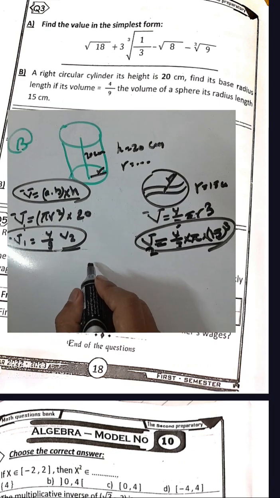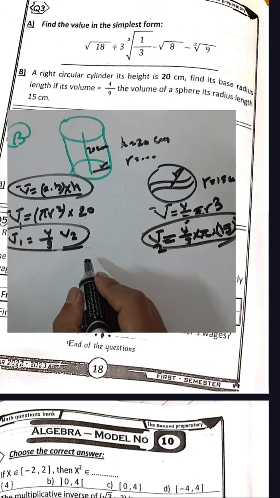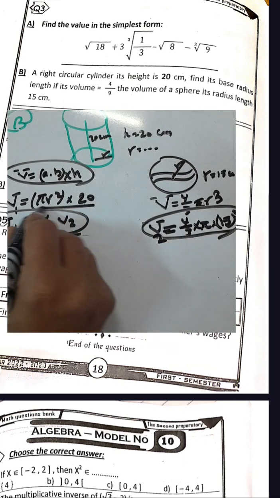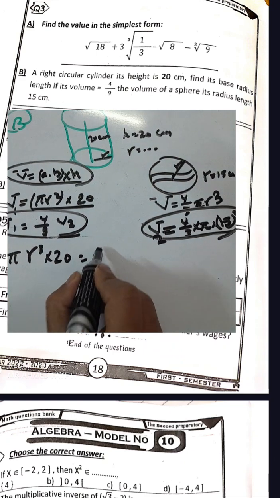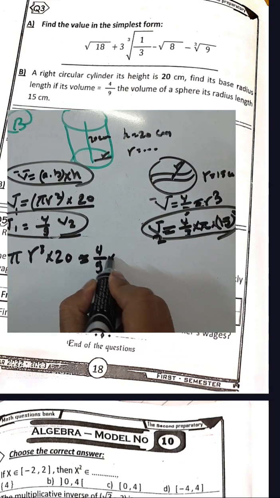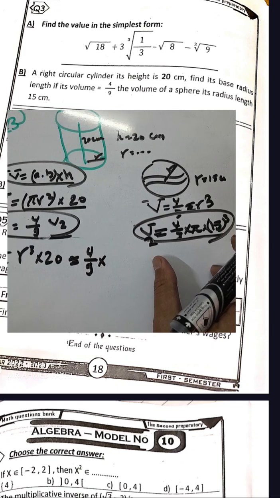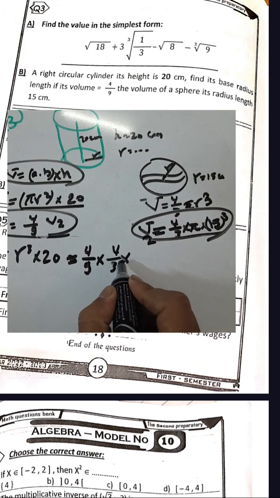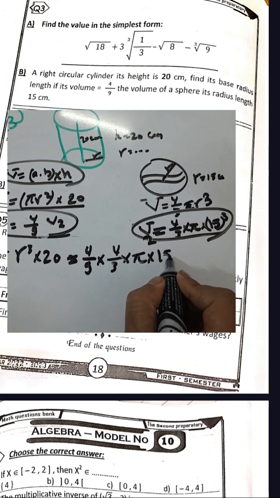And then I will put here the volume 1, pi product by r power 2 product by 20 equals 4 over 9 product by volume 2. Volume 2 here will be 4 over 3 times pi times 15 power 3.